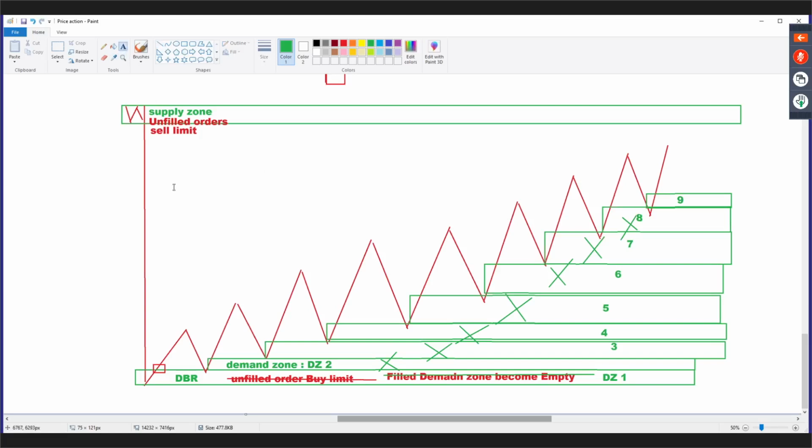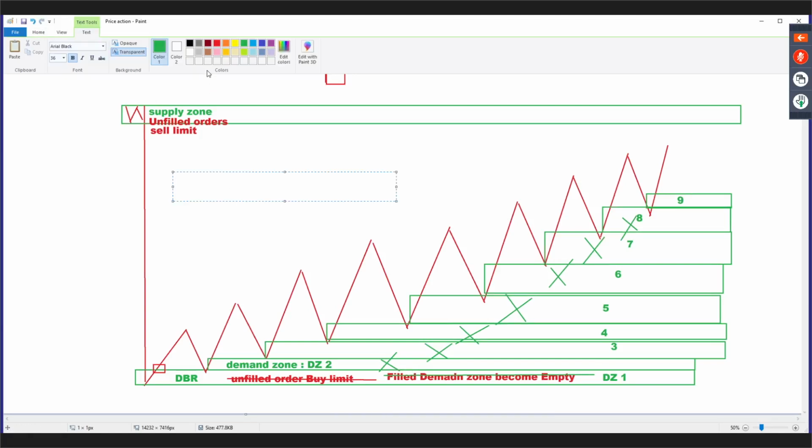So in the supply and demand rules, it says that when demand is higher than supply, the price will go up.